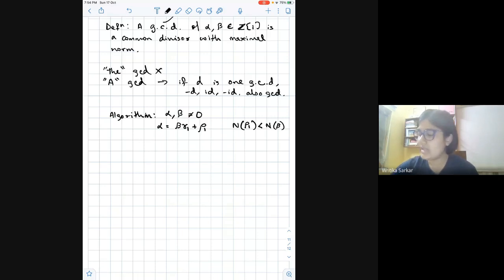We do this, and then we take beta as our next alpha, and we divide by rho 1 this time: beta equals rho 1 times gamma 2 plus rho 2.